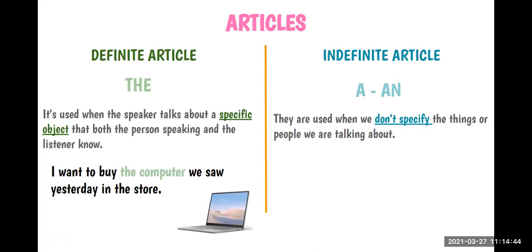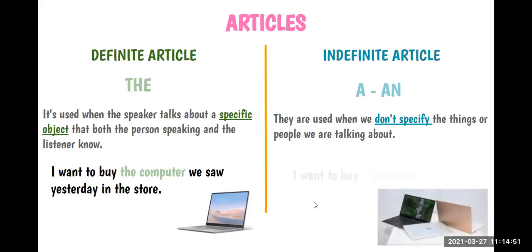But if I say, I want to buy a computer, this computer could be any computer in the world, an Apple computer, an HP computer, any kind of computer. So I am not specifying in this sentence. This is the difference between these articles, the and a.